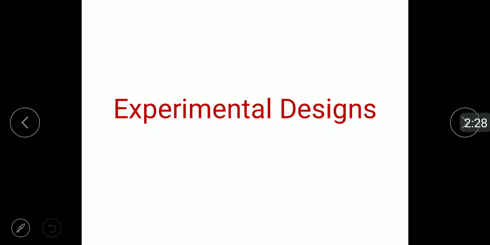In general terms, how we are going to arrange the plots according to our problems, and which forms we are going to use, is called experimental design. The experimental designs are grouped into two categories: systematic design and randomized design.